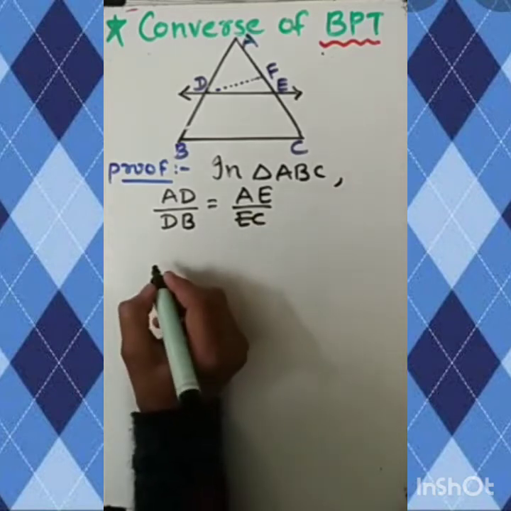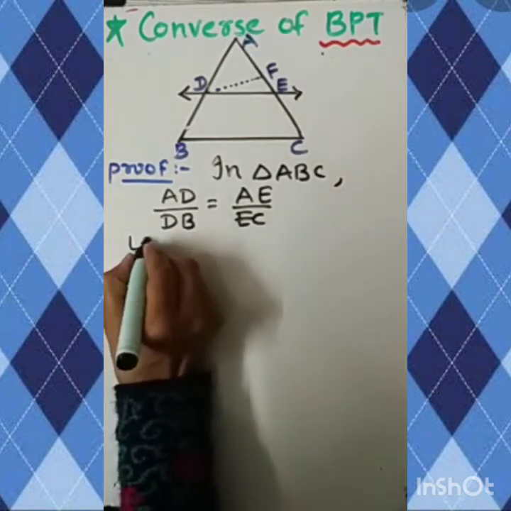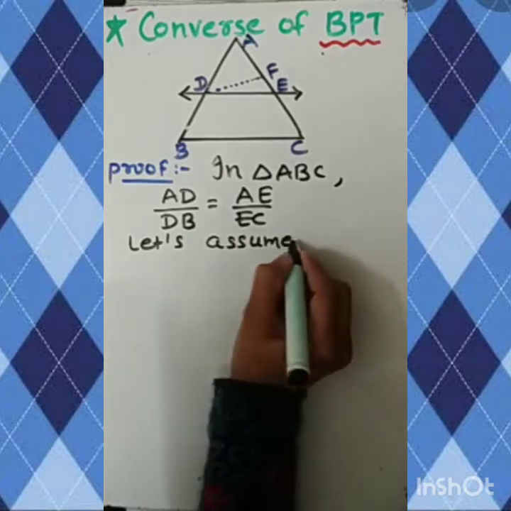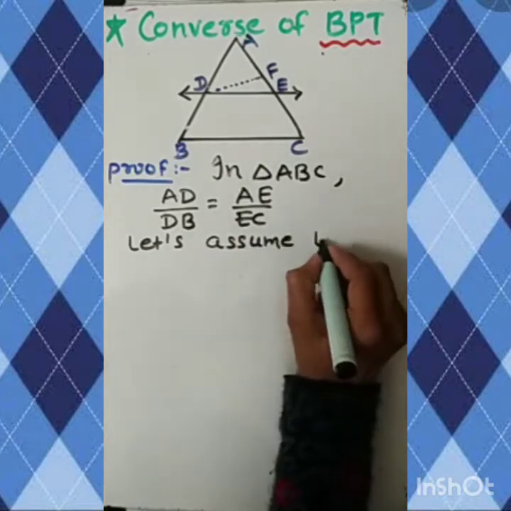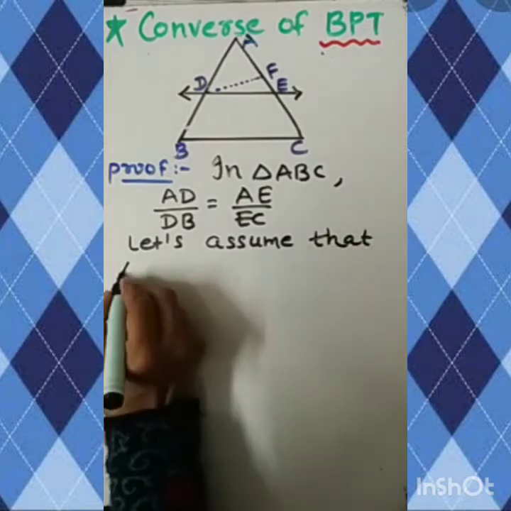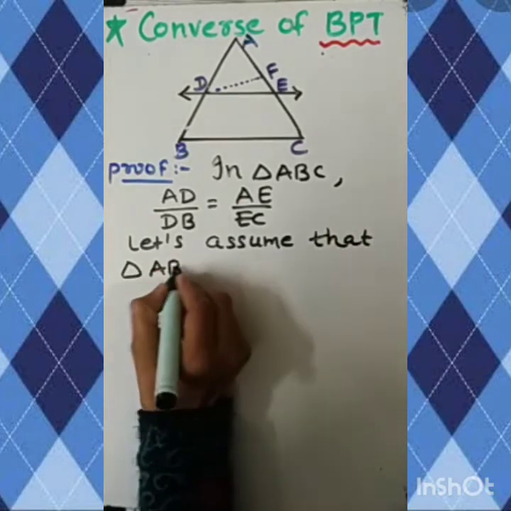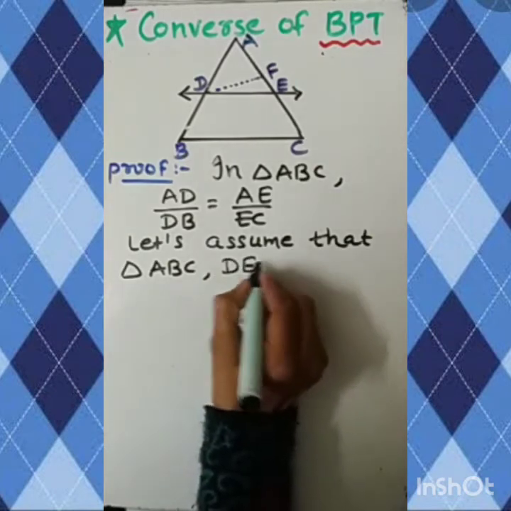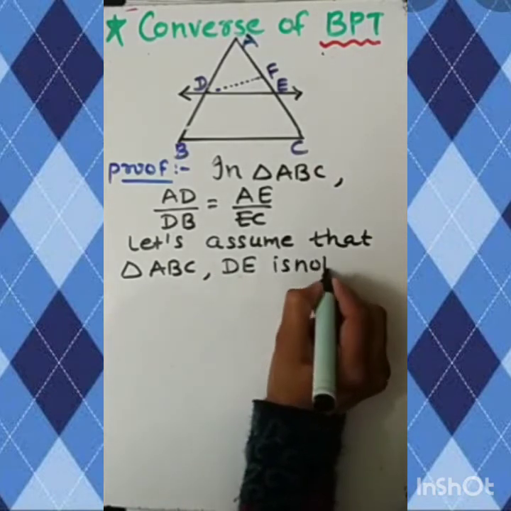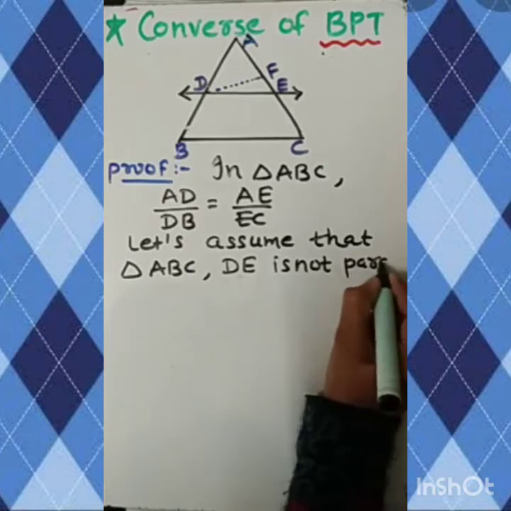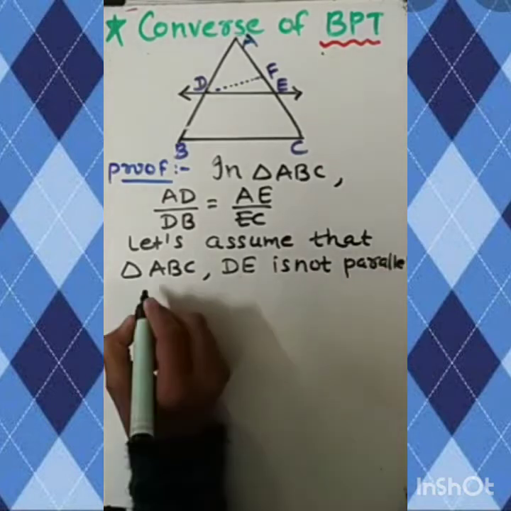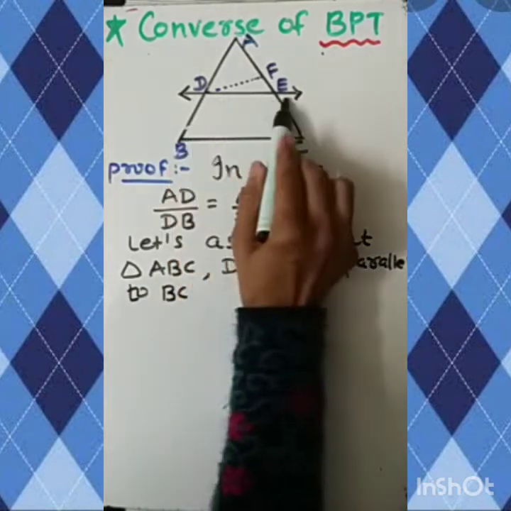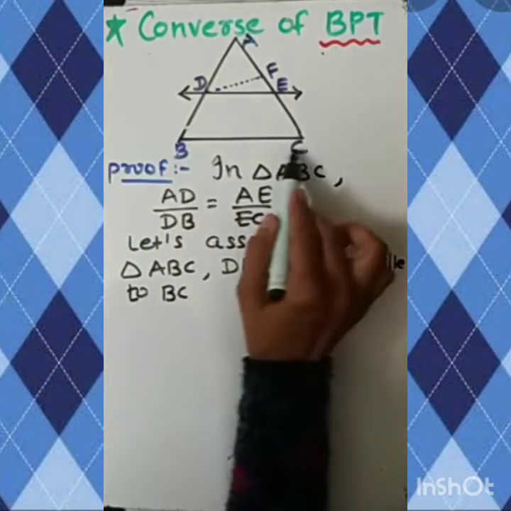Let's assume that in triangle ABC, DE is not parallel to BC. Let's assume for a while this DE is not parallel to the line BC.